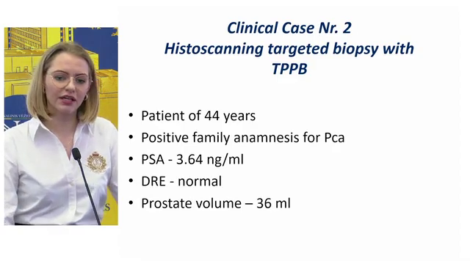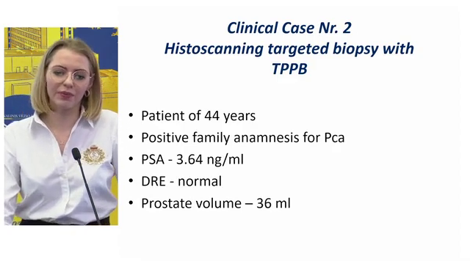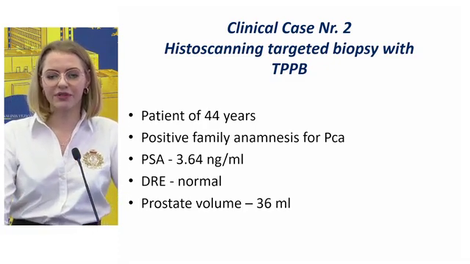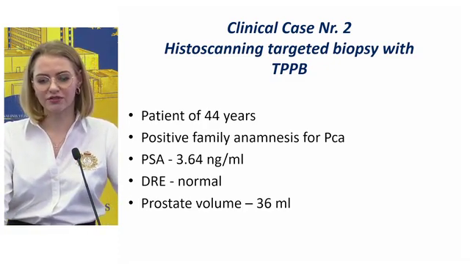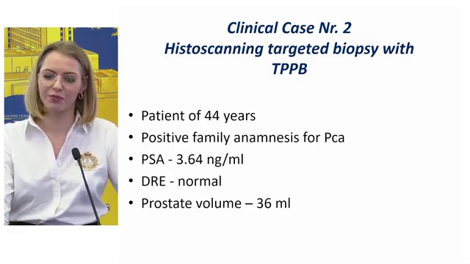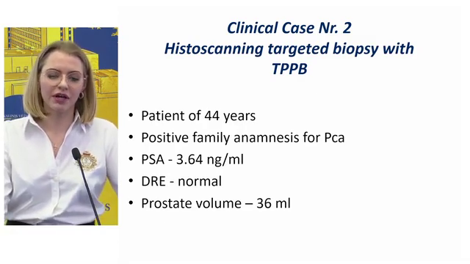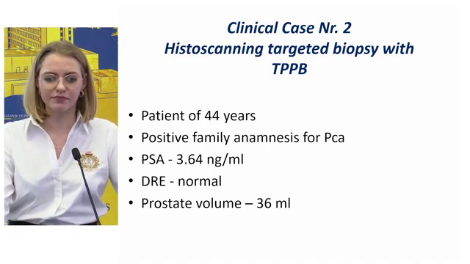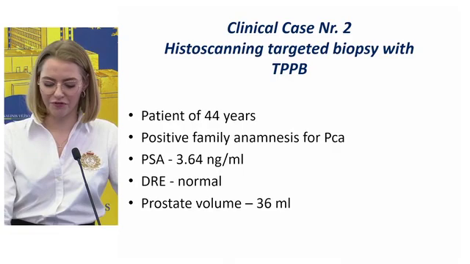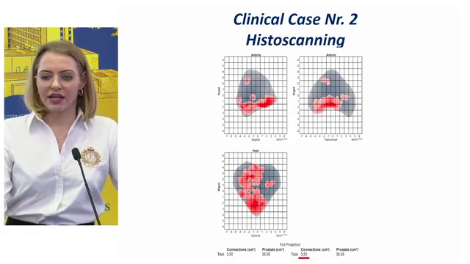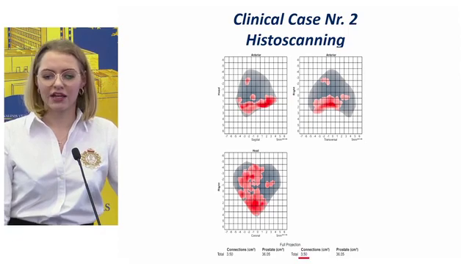Clinical case number 2, a patient of 44 years, with a positive family history for prostate cancer. His PSA was 3.6 nanograms per milliliter. On digital rectal examination, no abnormalities were found. Prostate volume was 36 milliliters. Again, histoscanning was performed.